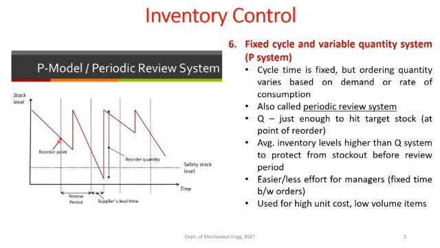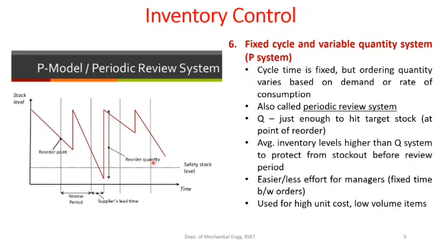The reorder point is not always constant; there is no fixed reorder level as in the Q system. So here it is also called a periodic review system because the review takes place at constant time intervals. You can see that the time between two subsequent reviews is always constant over here. That's why it's called a P system or the periodic review system.